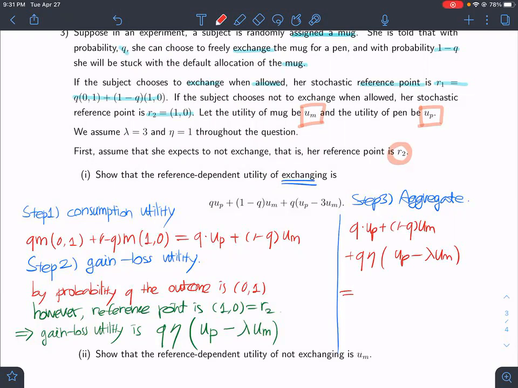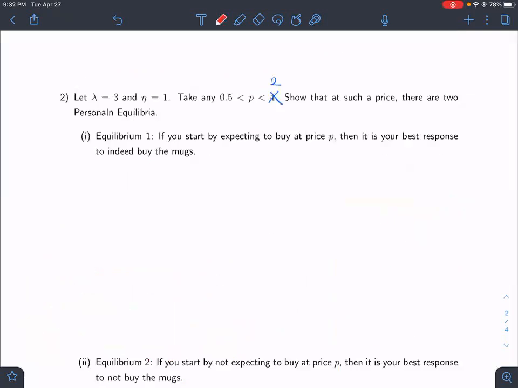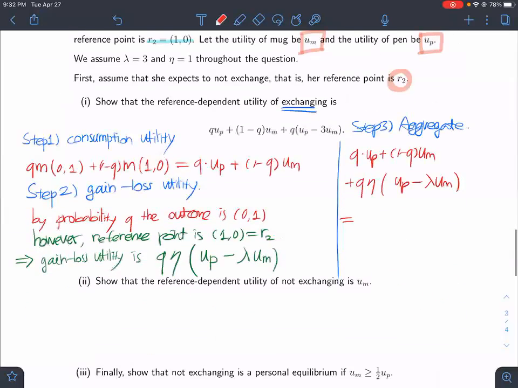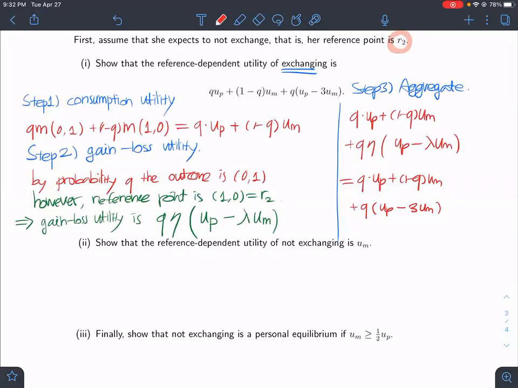Lambda equals 3, eta equals 1. If I do that, we have QUP plus (1 minus Q)UM plus QUP minus 3QUM. Okay, so this is it. Any questions?